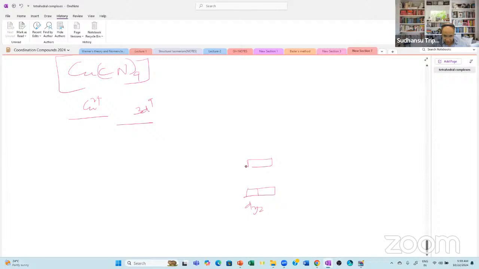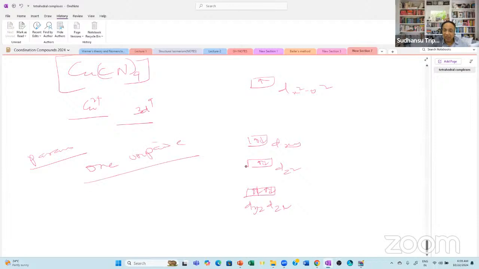This is dyz, dzx, then dz² and dxy, and then dx² - y². The nine electrons will be filled in this order: Hund, Hund, Hund, Hund, then Pauli, Pauli, Pauli, Pauli. Then it has one unpaired electron. It's paramagnetic with one unpaired electron.